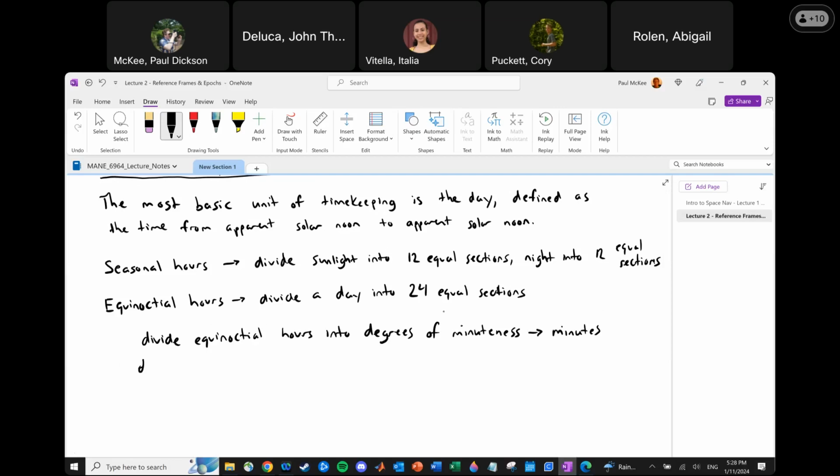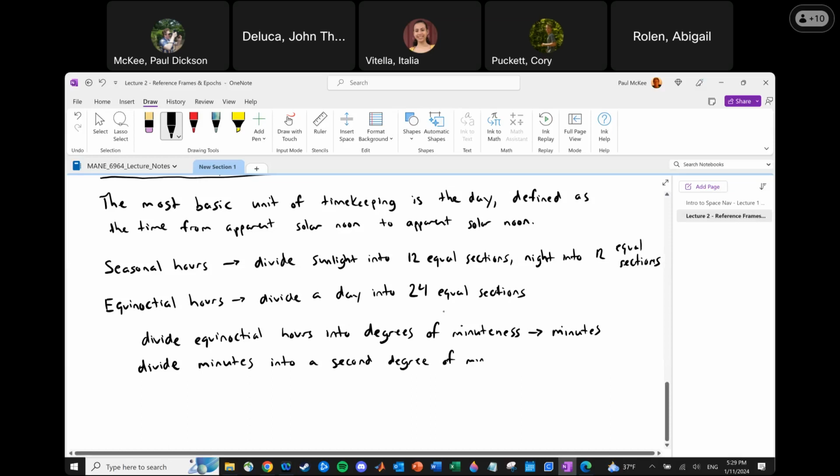Let's divide minutes into a second degree of minuteness. And those are seconds. And I did not make that up. And I'm sure at least one of you, your mind is blown, because that's where those words come from. So the first degree of minuteness gives us minutes, the second degree gives us seconds.